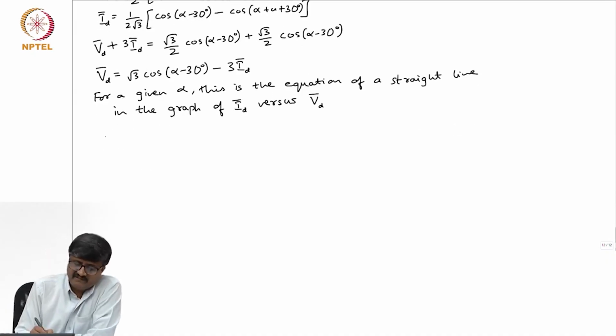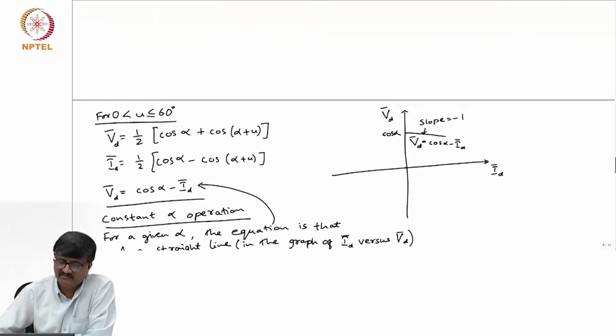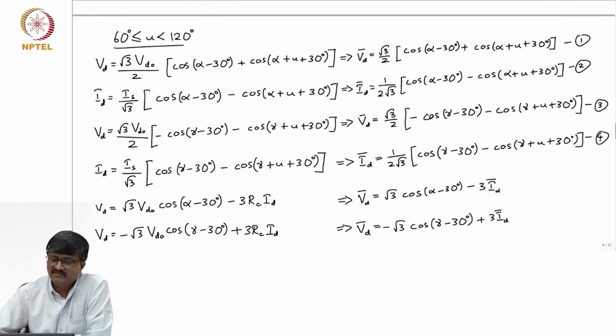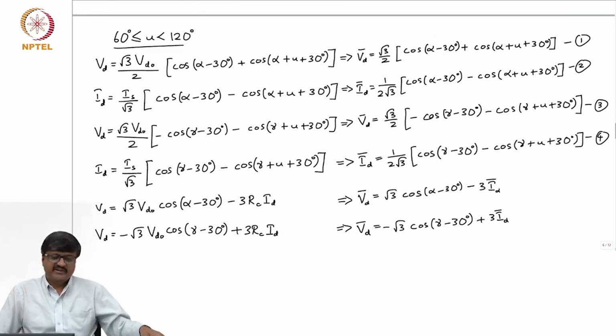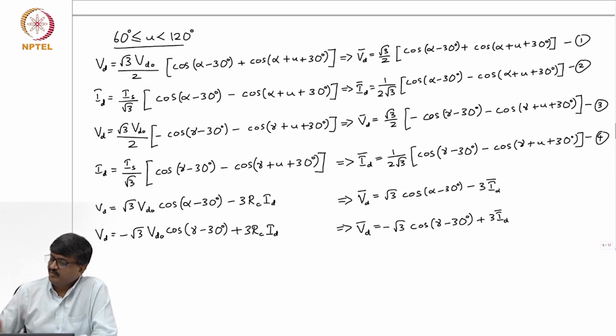So similarly, we can get what is known as constant gamma operation. If I want constant gamma operation, then I have to go back to the set of equations corresponding to u greater than or equal to 60 degrees and less than 120 degrees. I have to take equations 3 and 4 and eliminate u from the right hand side.